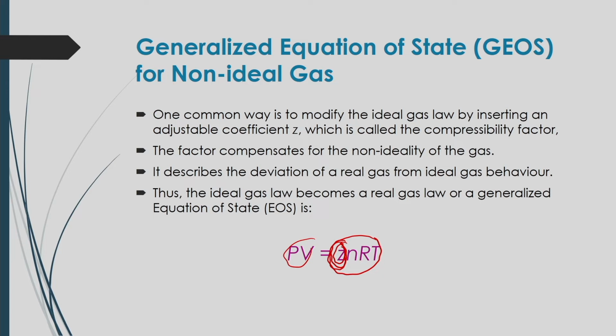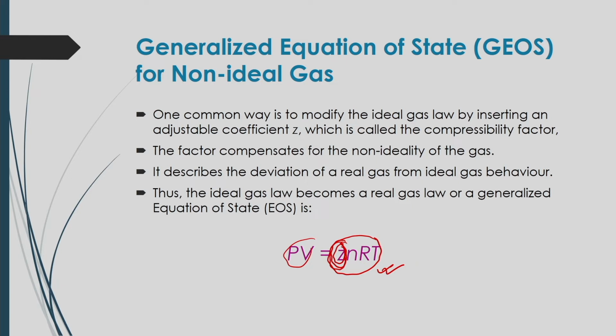So we are expressing it in the same fashion as the ideal gas equation. Here PV equals nRT, and we are just multiplying by one factor Z, so that PV equals ZnRT. This factor compensates for the non-ideality of the gas, and it describes the deviation of a real gas from ideal gas behavior. The ideal gas law expressed with the compressibility factor gives the generalized form of the equation of state.